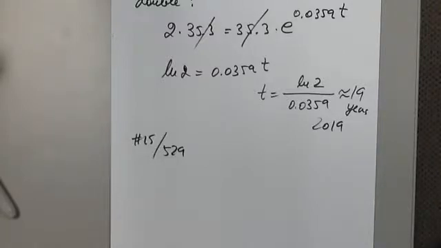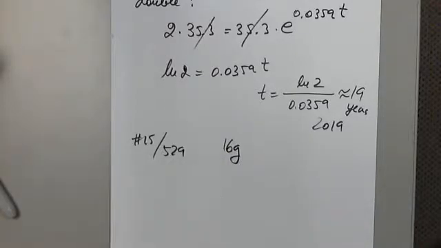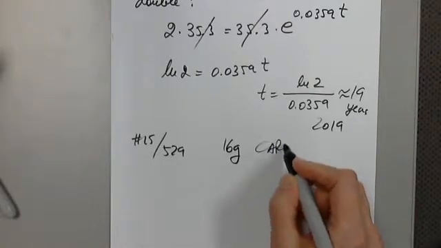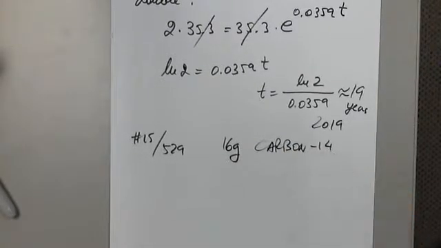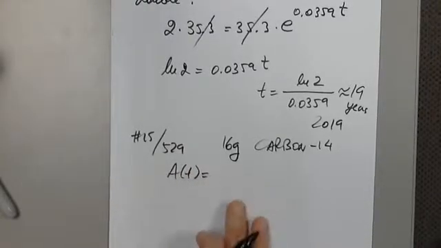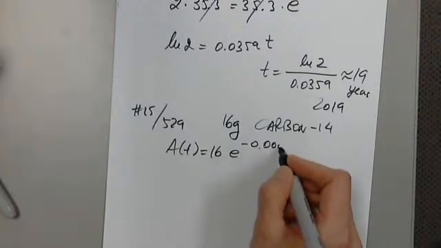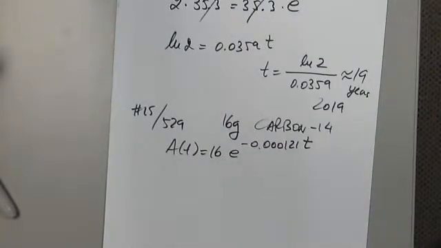Okay, so we're told that an artifact originally had 16 grams of carbon-14 present. The decay model, of course, A of t equals 16 e to the negative 0.30121 t, describes the amount of carbon-14 present after t years. Use this model to solve exercises 15 and 16. So here's 15.